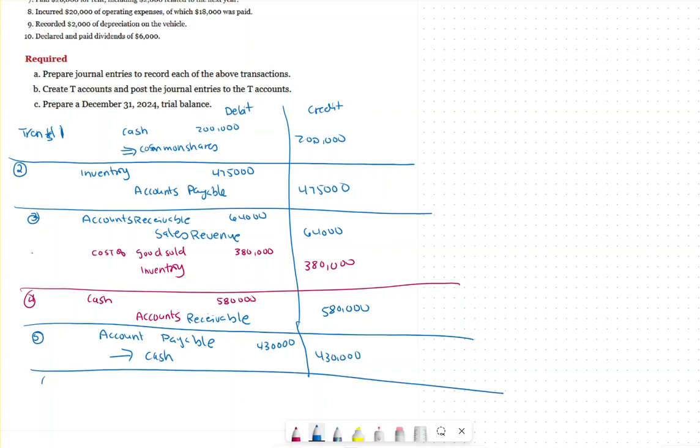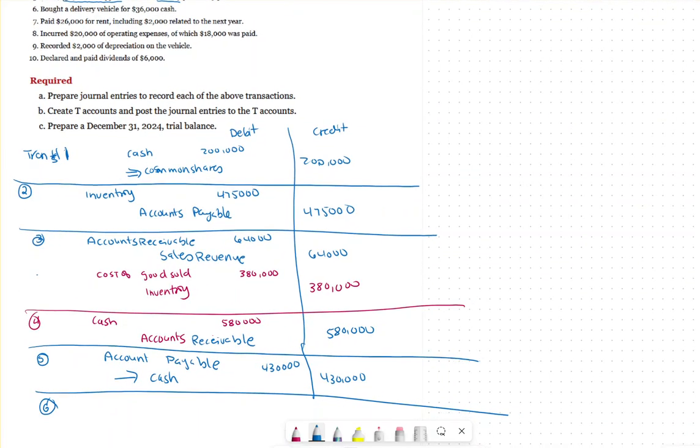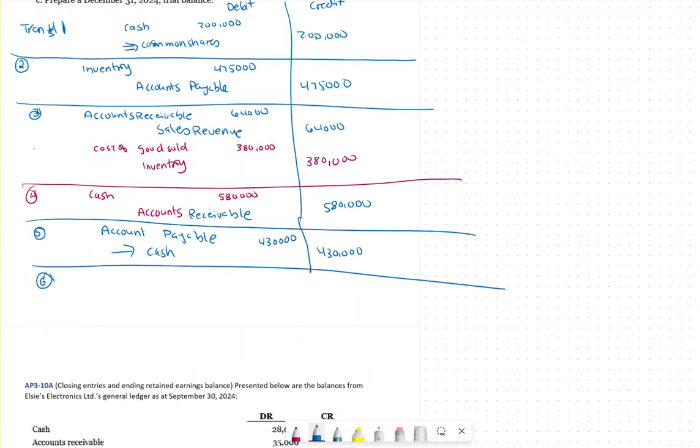Going to my number 6, they said that we bought a delivery vehicle for 36,000 cash. What did we get? We got the vehicle, and what we did, we paid cash. Cash will be indented. In this case, the cost of the vehicle was $36,000.